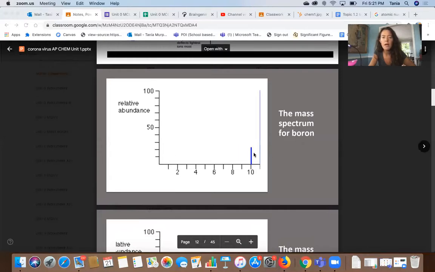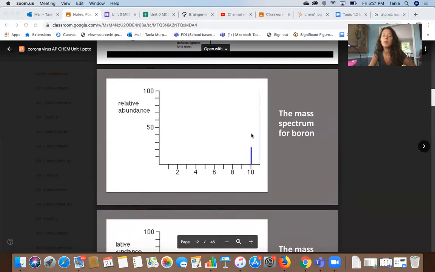Notice that, okay? Because it's not percent abundance, which most often it is, but rather it says relative, these do not have to add up to 100, okay? These are relative to 100%. Usually they are percentages.